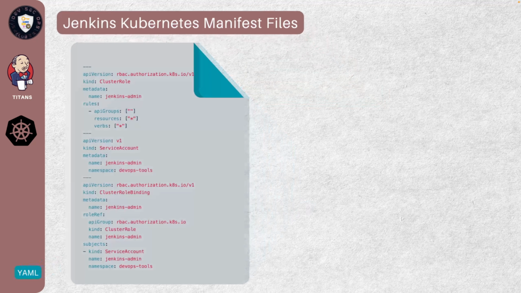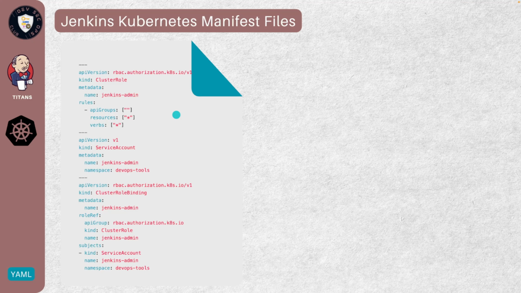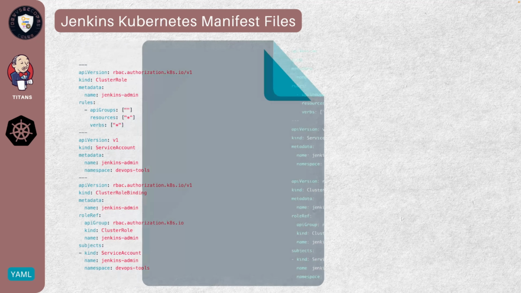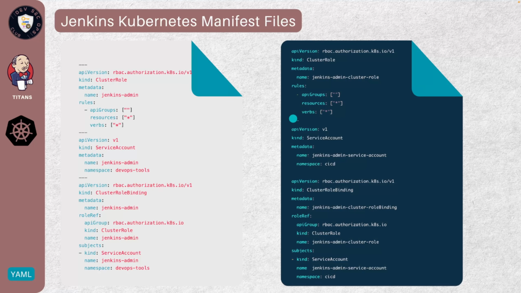The first one I have taken from the official documentation, the link which I showed you. I realize that initially, if you see Jenkins admin, what exactly is happening over here? It's kind of confusing. So from that I have created a simplified version of the same file.